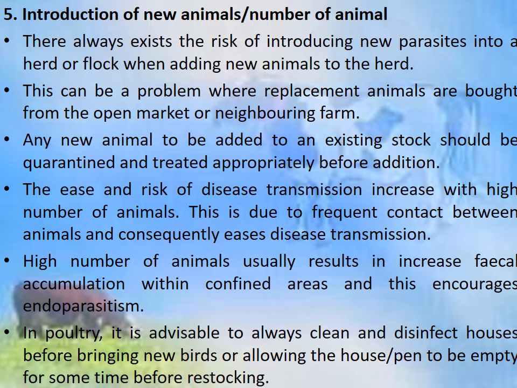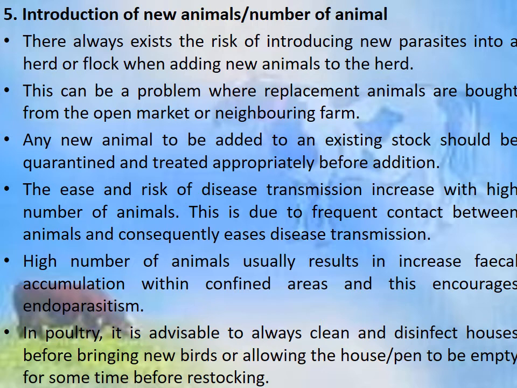Now, the ease and risk of transmitting disease usually increase with high number of animals kept together. This is frequently due to constant contact between these animals, and consequently eases disease transmission.